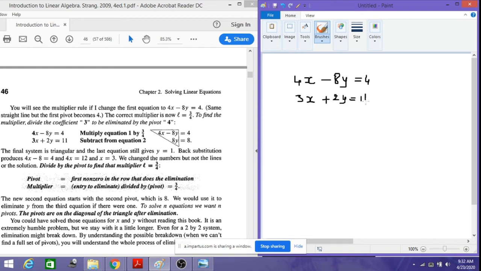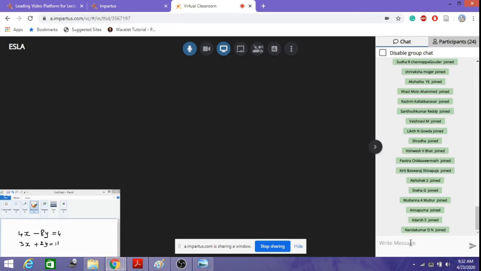So now even the right hand side, rather than 1 it has become 4, and the coefficient of x in the first equation has become 4. Now can you tell me what should be the multiplier value and what is the pivot in this case? I'll ask you. Can anybody answer this?